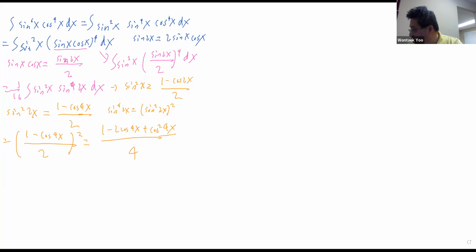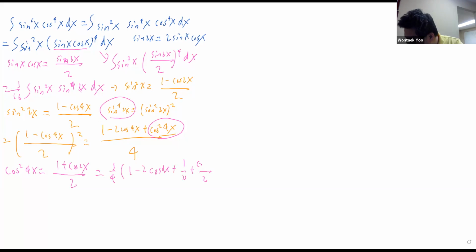Now, we see that we have another squared term of a trigonometric function. So we again have to use a power reduction formula on that. So cosine squared of 4x equals 1 plus cosine of 8x over 2. So this sine to the fourth power term can be rewritten as 1/4 times the quantity 1 minus 2 times cosine of 4x plus 1/2 plus half of cosine of 8x.